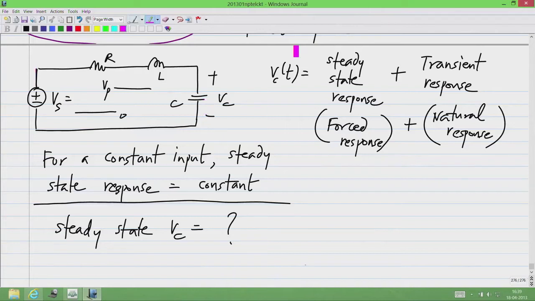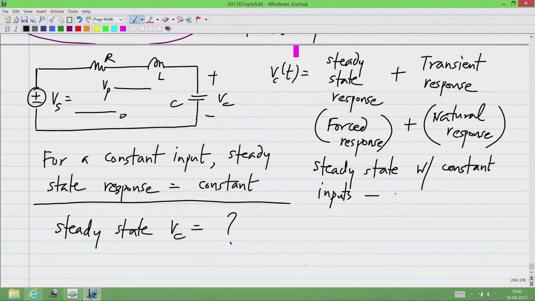Okay. So, just like before, for the first order case, you evaluate steady state with constant inputs. This is what is important, constant inputs.